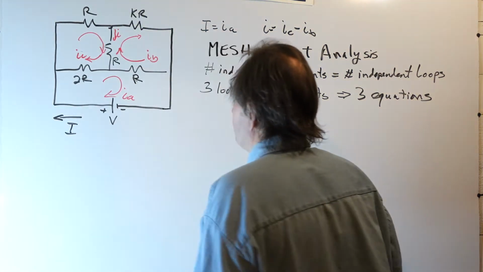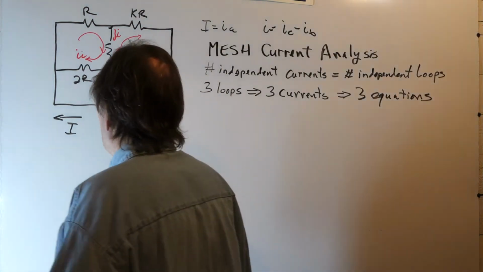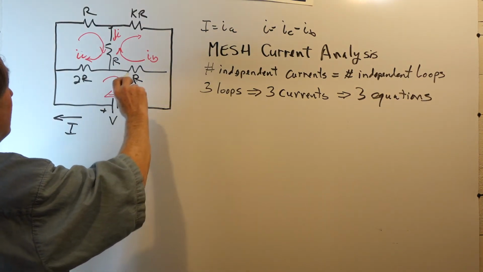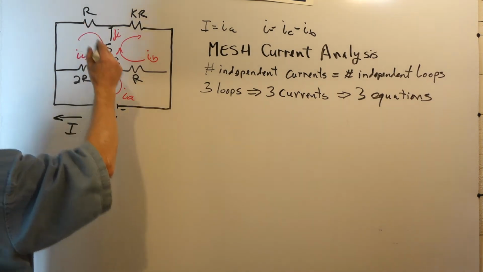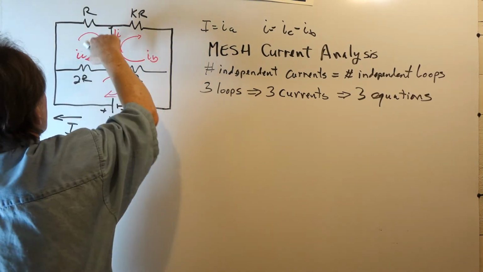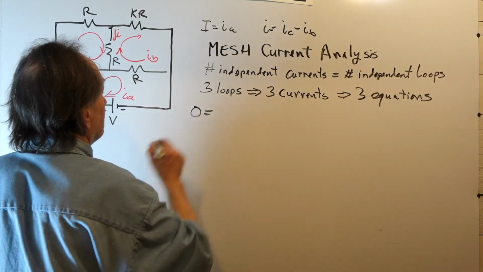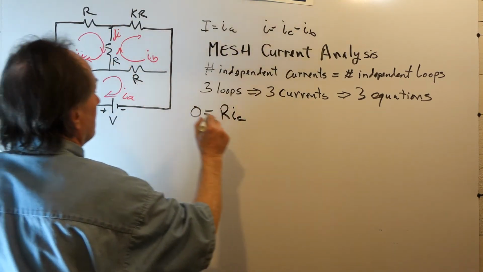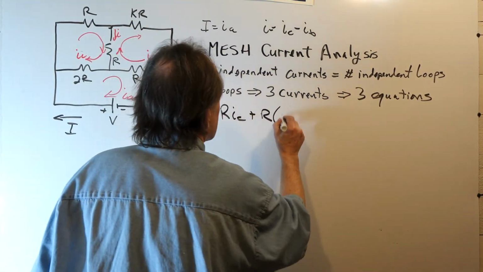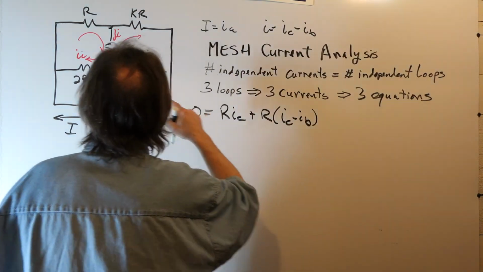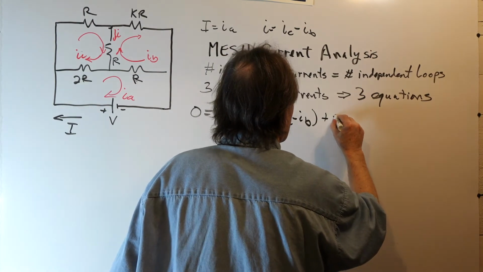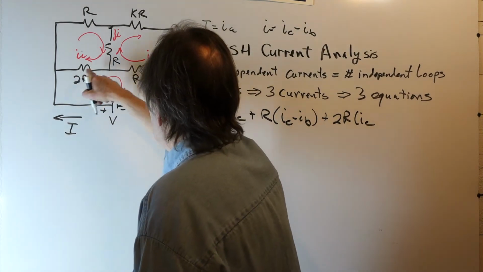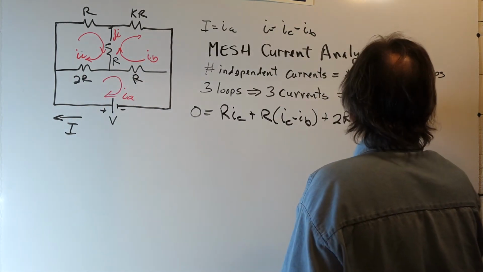Same orientation. Now, when I do that, remember from last time, suppose I want to write Kirchhoff's voltage law around this loop, IC. There are no sources in here, so the voltages have to sum to 0: R times IC, plus R times (IC minus IB) in the bridge resistor, plus 2R times (IC minus IA), since my IA flows against IC.